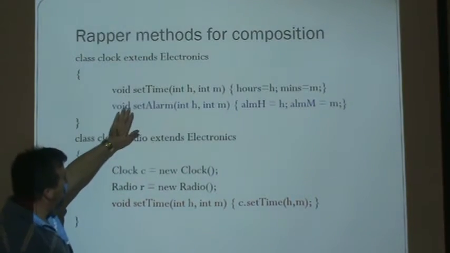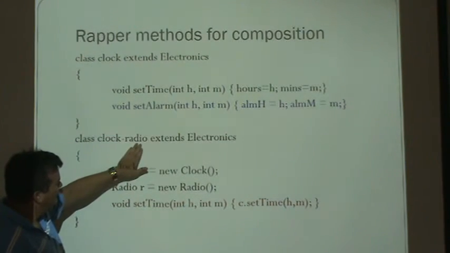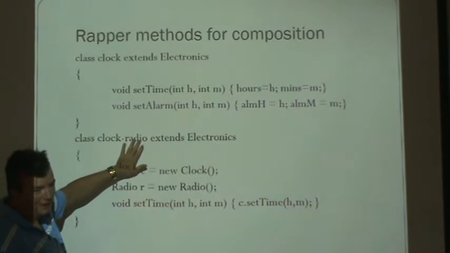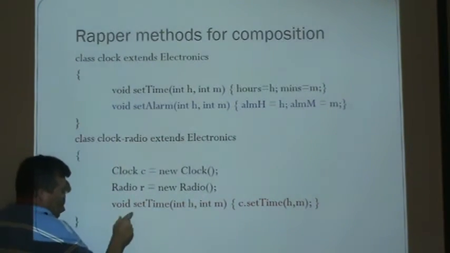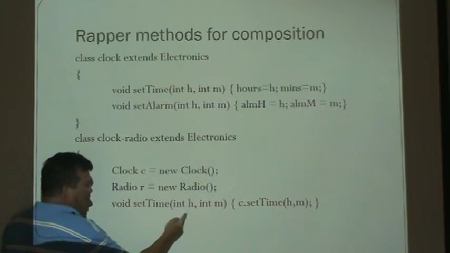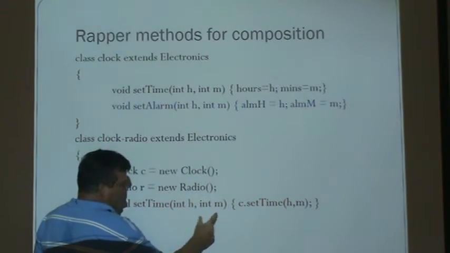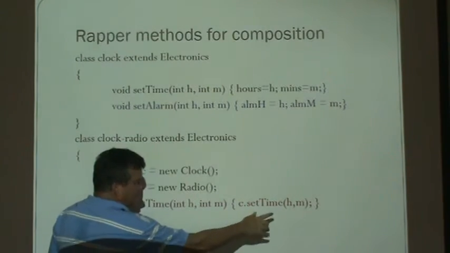So if our radio class had a method called set station, the radio station, we could then add void set station and then put in whatever number you're setting the station to, and then call r.setStation.